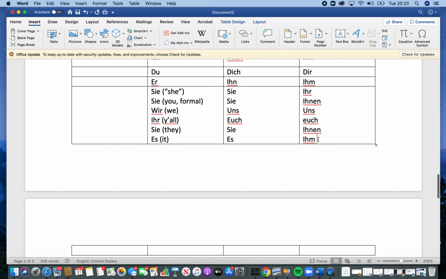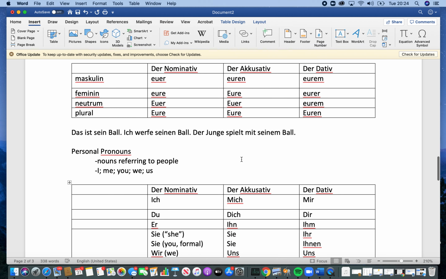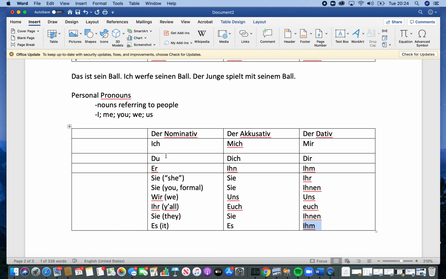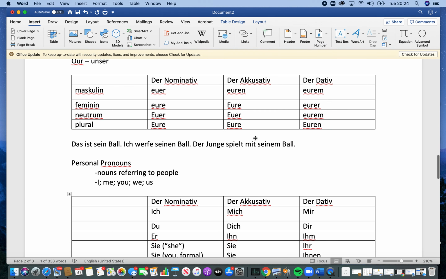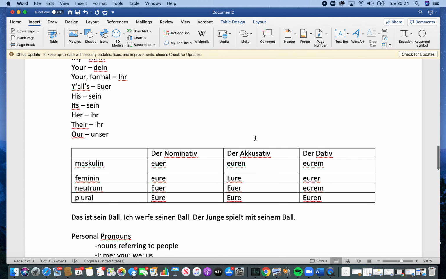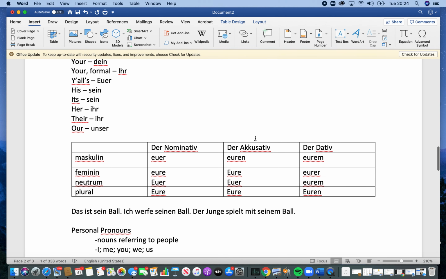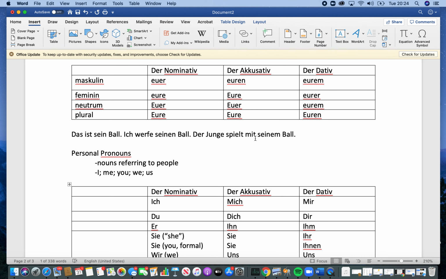So kind of like how we're using sein as the possessive adjective for neuter nouns, we're also seeing this masculine form for es, Neutrum, Pronomen. Aber ja, das ist der Unterschied zwischen Personalpronomen und Possessivadjektiven. Und ich hoffe, das klärt schon ein bisschen auf.